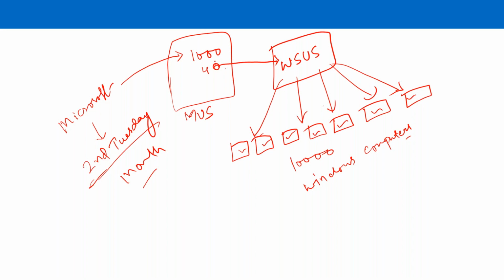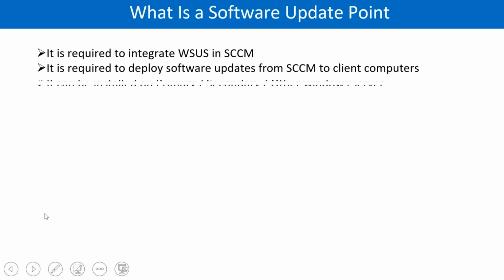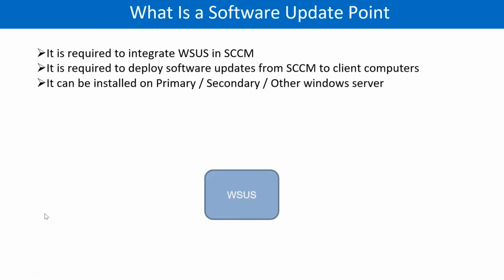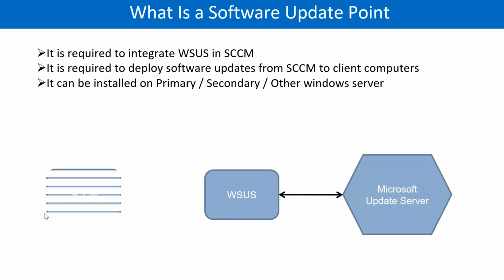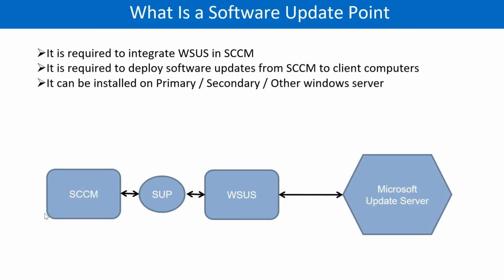There are n number of cyber crimes that happened in the past and are still happening, so you have to keep the computers up to date. So this role, the software update point, basically integrates WSUS into SCCM.